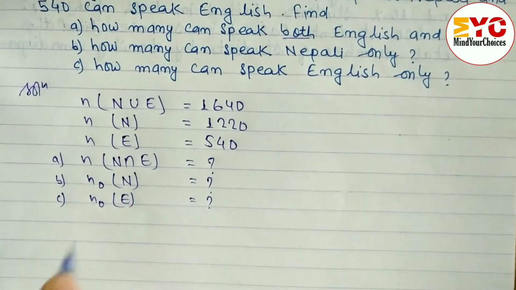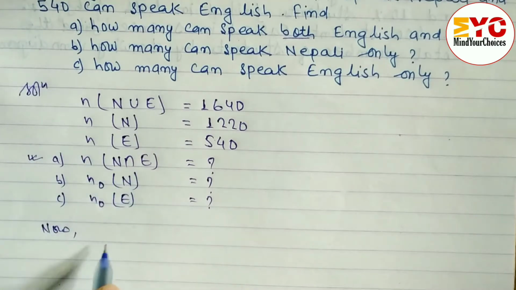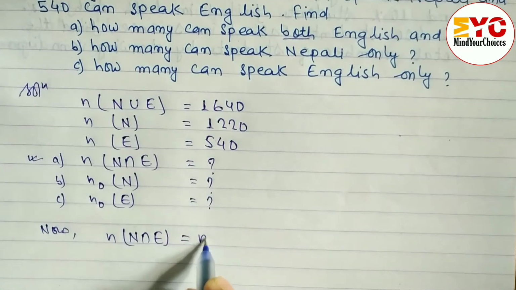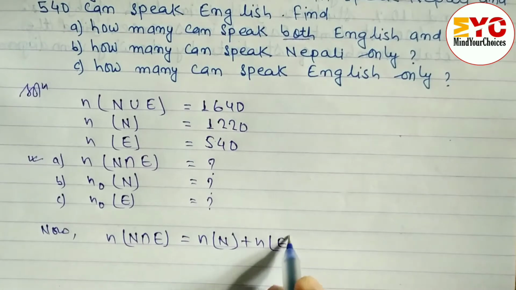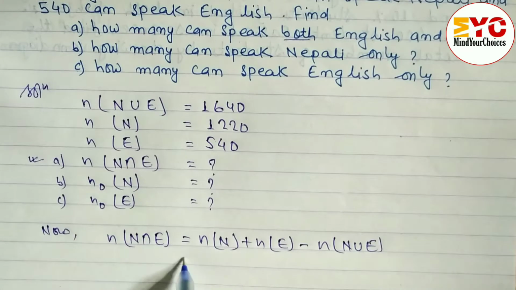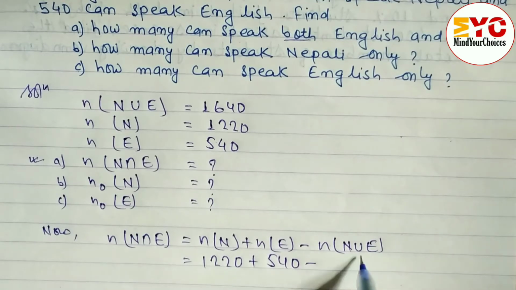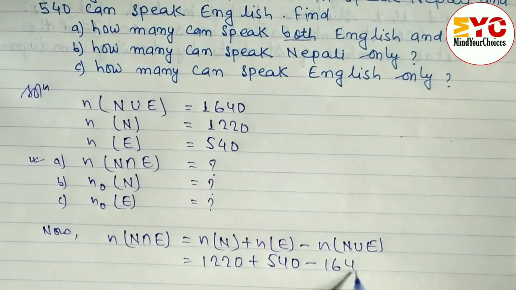Now to find N intersection E, we have a formula: n(N intersection E) is equal to n(N) plus n(E) minus n(N union E). n(N) is 1220 plus n(E) 540 minus n(N union E), which is 1640.